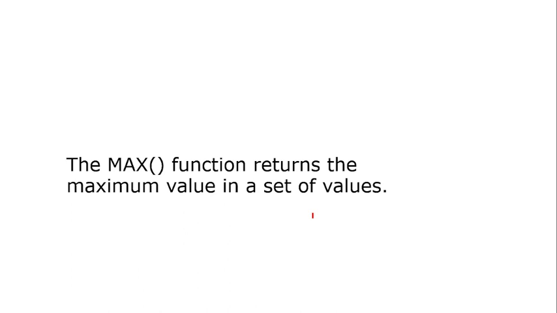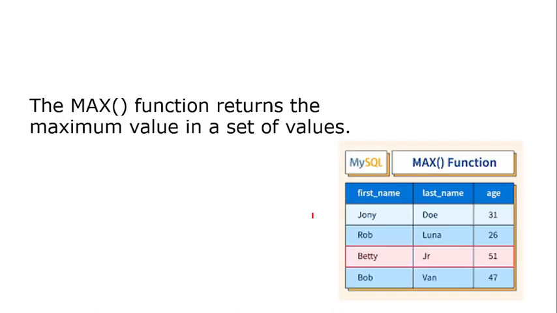What we are going to use is the max function. Basically, the max function returns the maximum value in a set of values. For example, this is a table having columns first name, last name, and age. I want to print the record having the highest, or maximum, age.